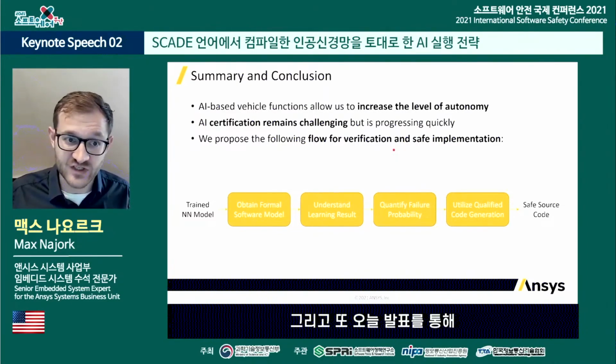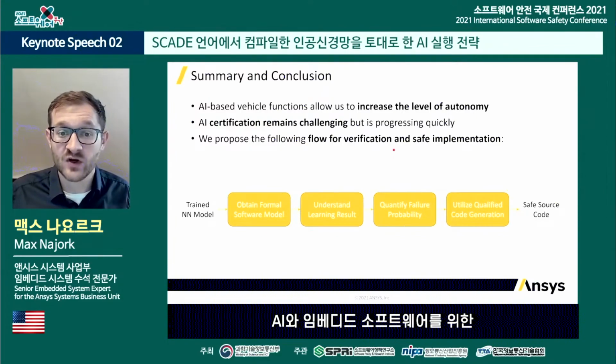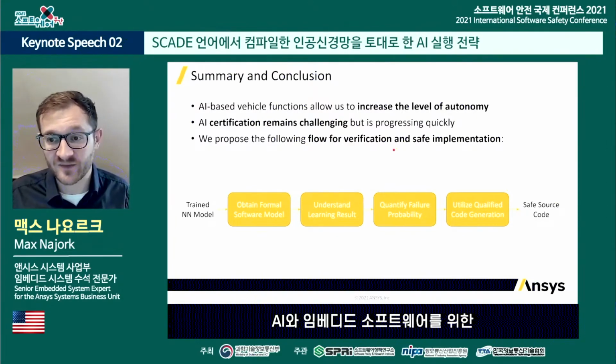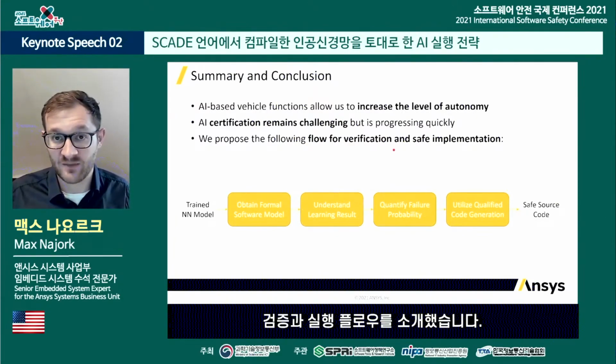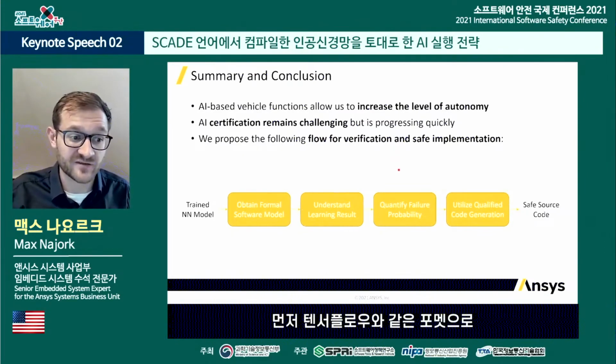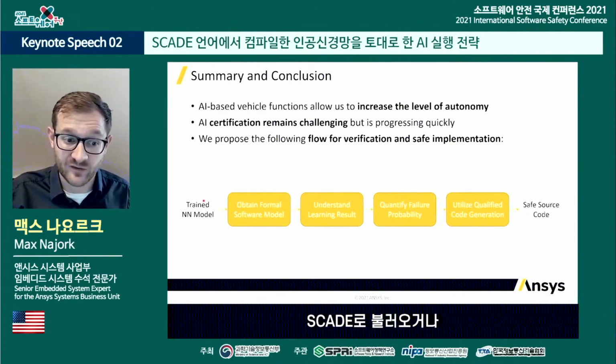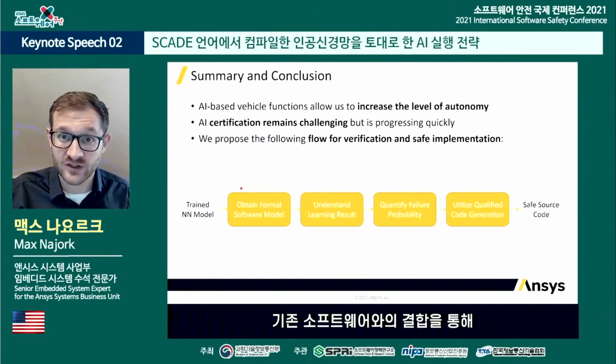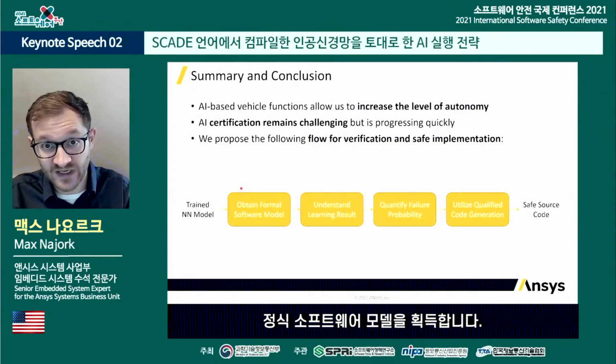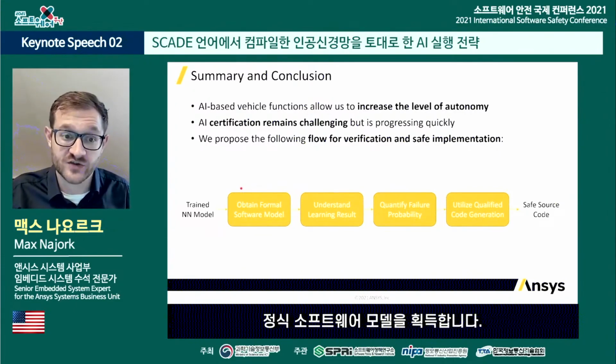Also in this presentation, we have proposed an end-to-end flow for the verification and safe implementation of AI in embedded software, where we started with a trained neural network model coming from TensorFlow or a similar format, and obtained a formal software model through the import into Scade, combining it with the traditional software.